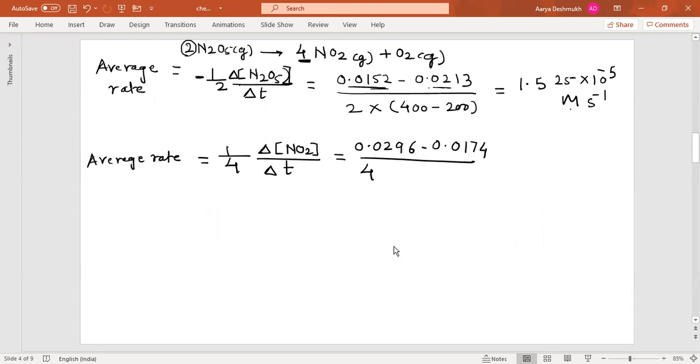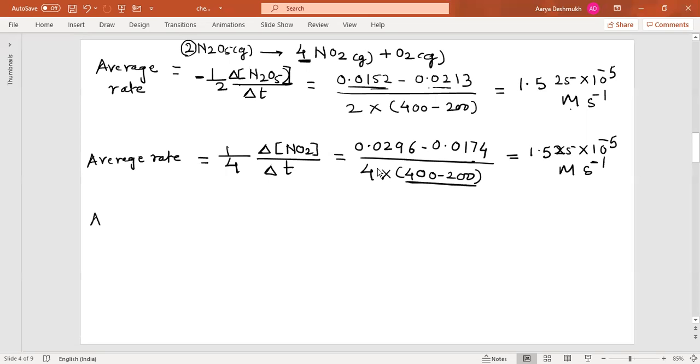Now, from where do I get this 4? This is 4 into delta T, which would be 400 minus 200, because we are supposed to calculate the change in this range. Okay, so if you solve this, you'll get the same answer, 1.525 into 10 raised to minus 5 moles per dm cube per second.